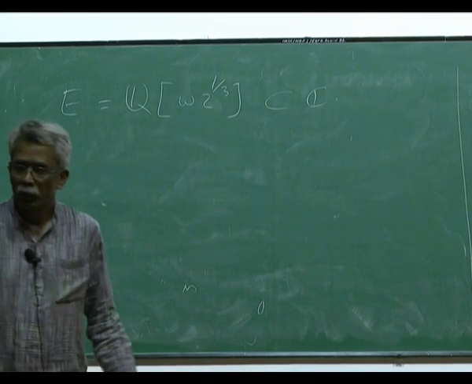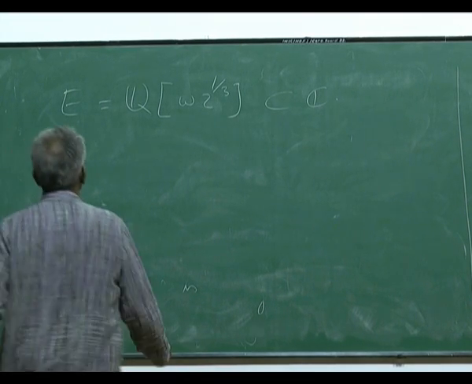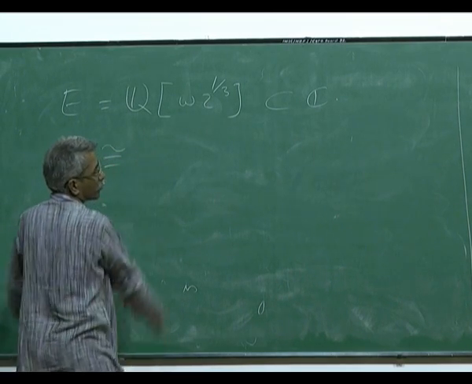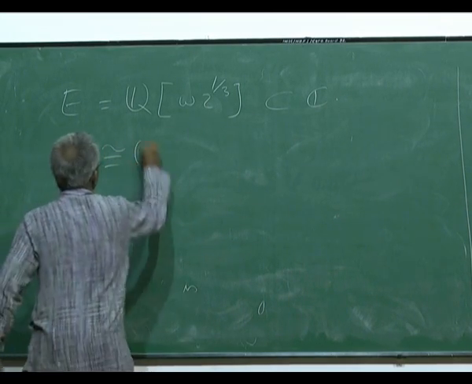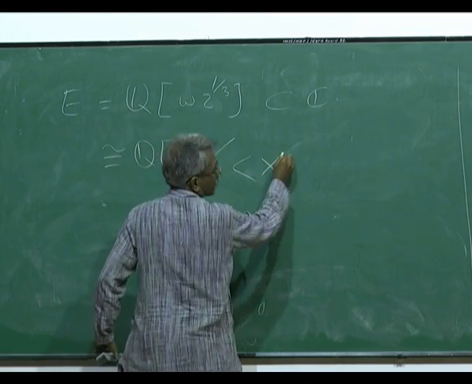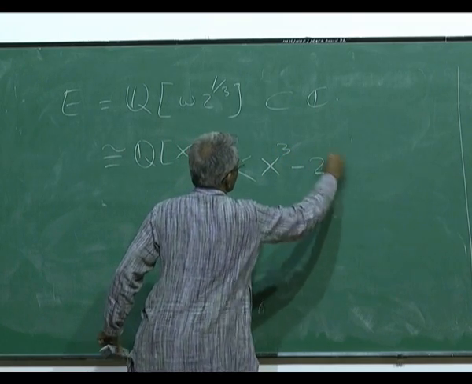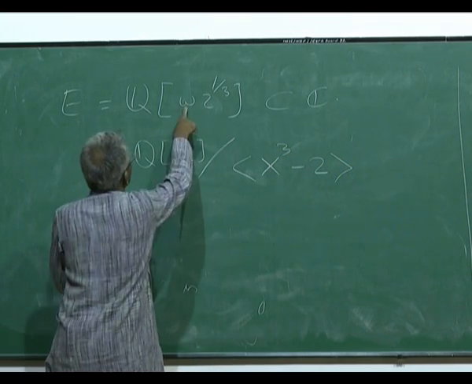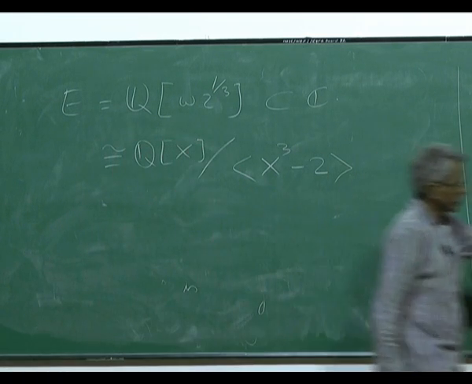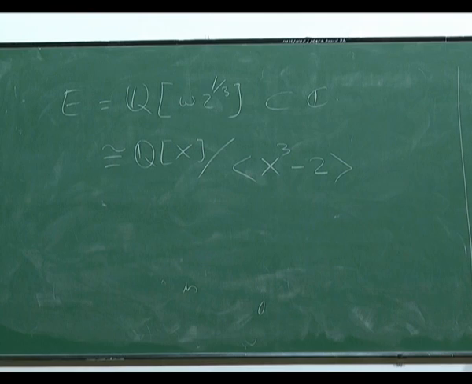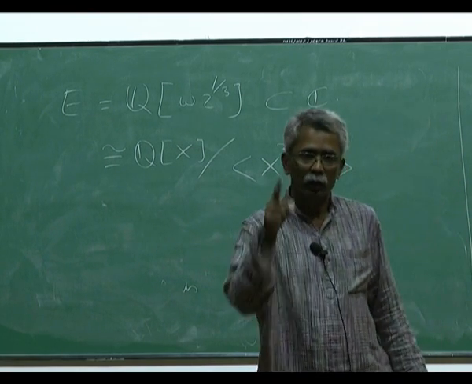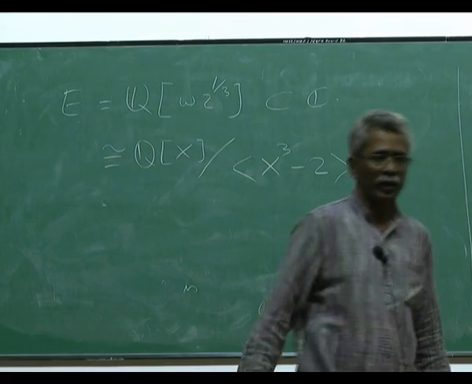Now, this also I claim is isomorphic to the same field Q[x] modulo x cube minus 2. You put x equal to omega 2 power 1 by 3, this polynomial is satisfied because I have factored it in here. Do you see that? Is that clear? Omega 2 power 1 by 3 is also a root of the same polynomial.